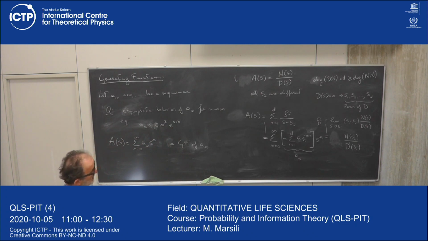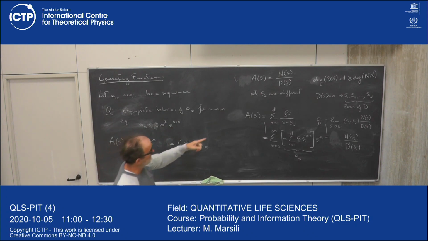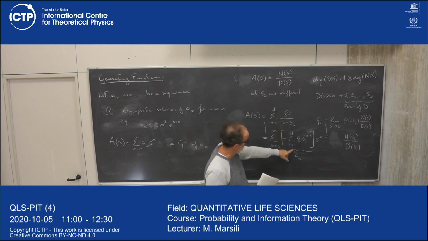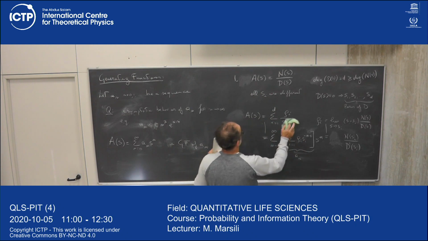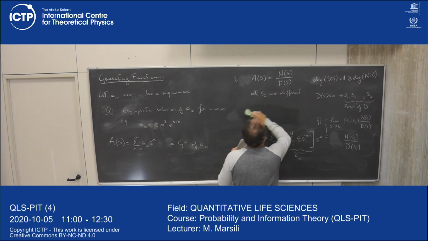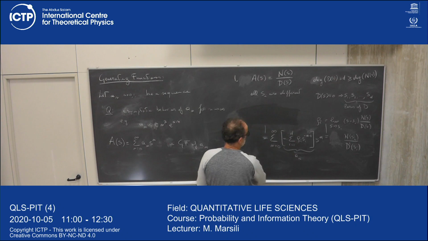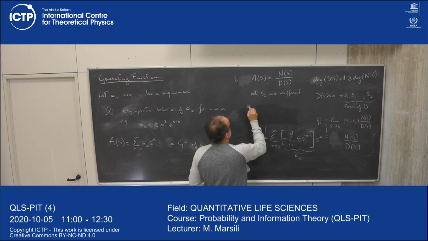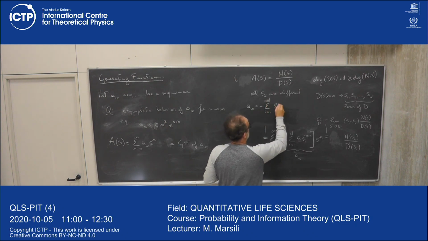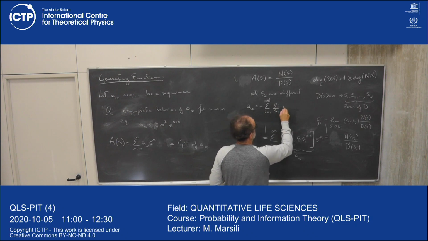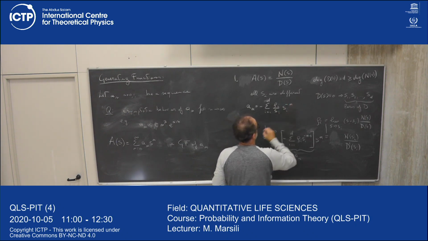And now you can see that in this case the coefficient an is just given by minus the sum over I from 1 to d of rho I divided by si to the minus n.